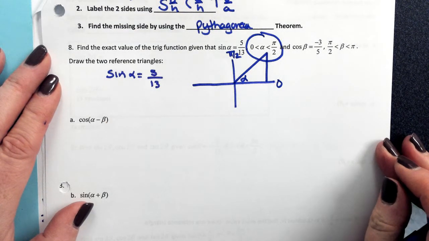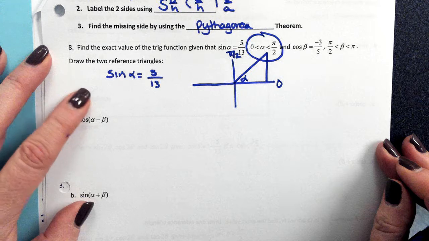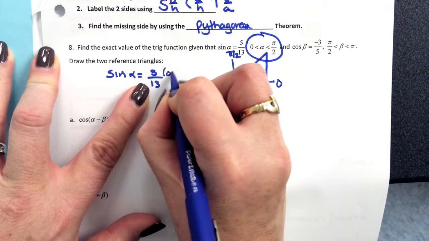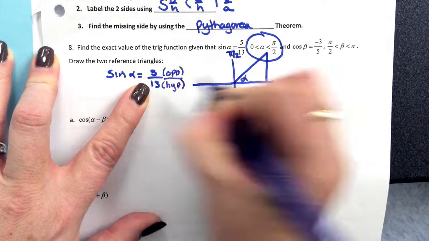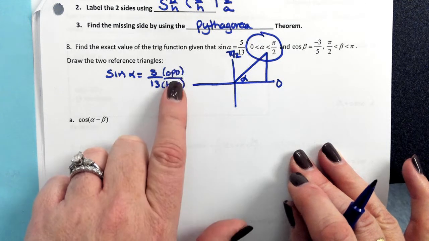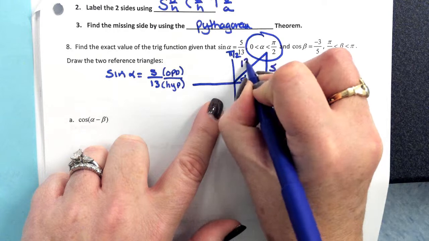By your SOHCAHTOA, what sides of the triangle does sine represent? Opposite and the hypotenuse. Remember, this numerator is your opposite. The denominator is your hypotenuse. So I can label 2 of the sides of my triangle. So the opposite of alpha is 5. The hypotenuse is 13.